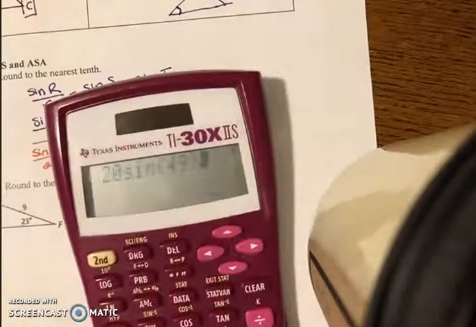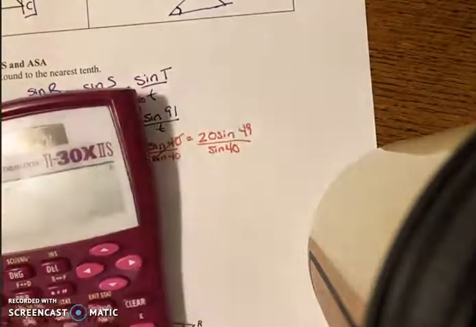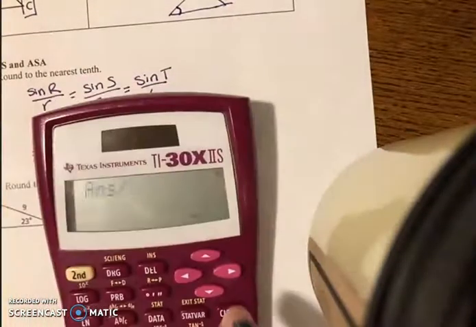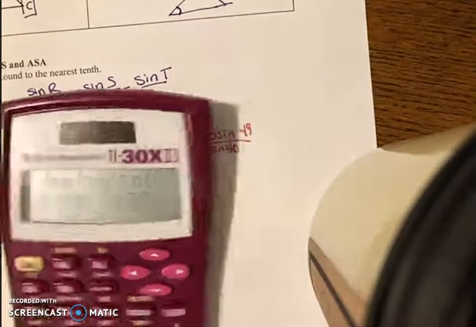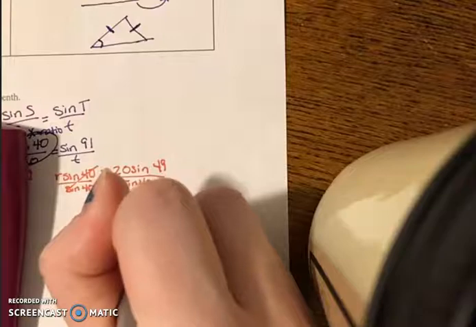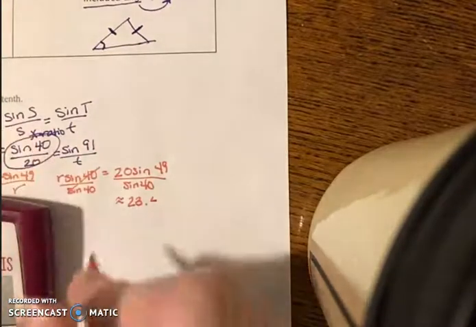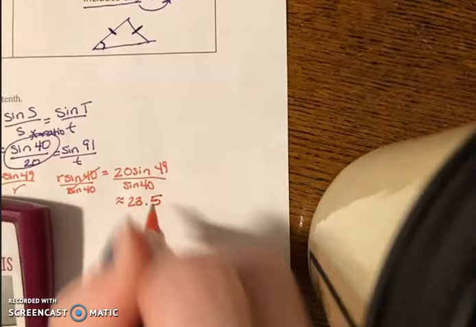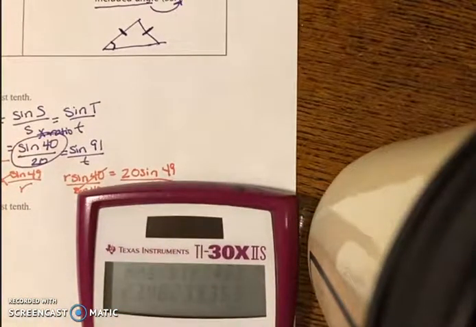And then at this point, I would hit enter and then divide by sine 40. So I get approximately 23 point, it said to the nearest tenth in the directions. So you see how that's going to be 23.5 because the 8 will boost the 4 up.